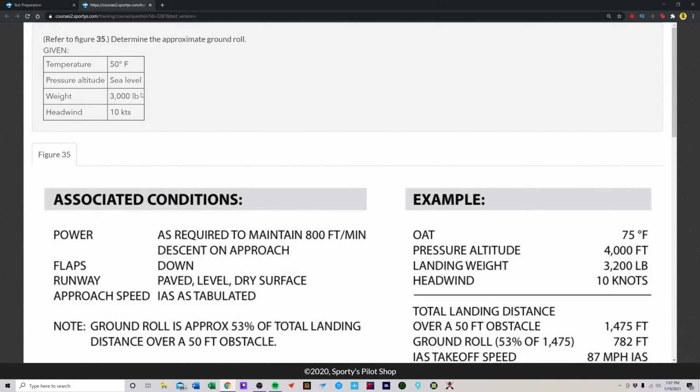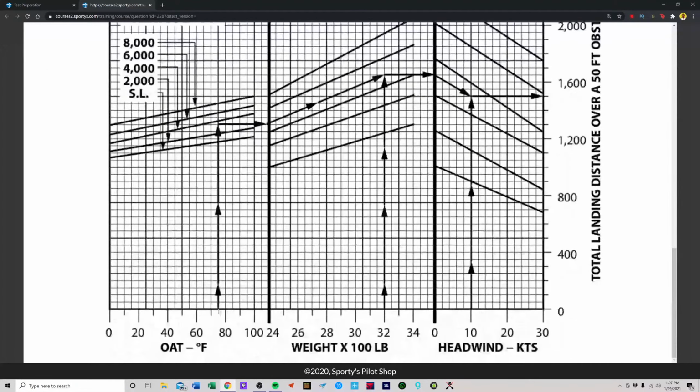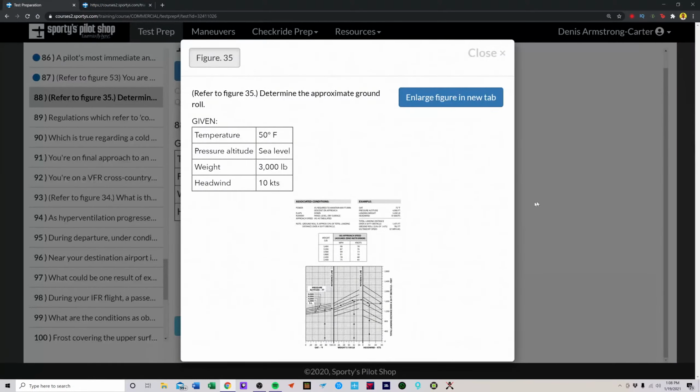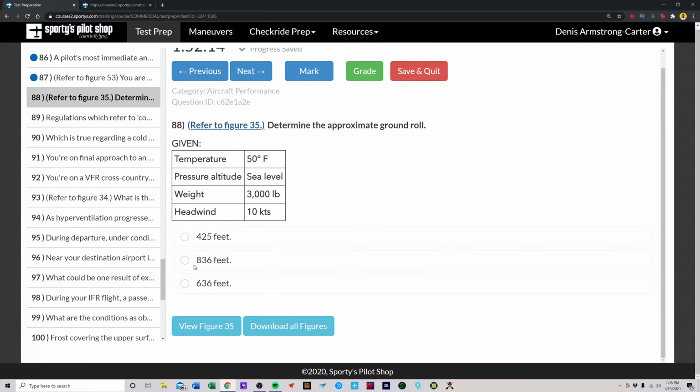Alright, 50, sea level, 3,000. 50, sea level. There's sea level, 3,000. Cross 10 knots. 1,200 just above it. That didn't work.